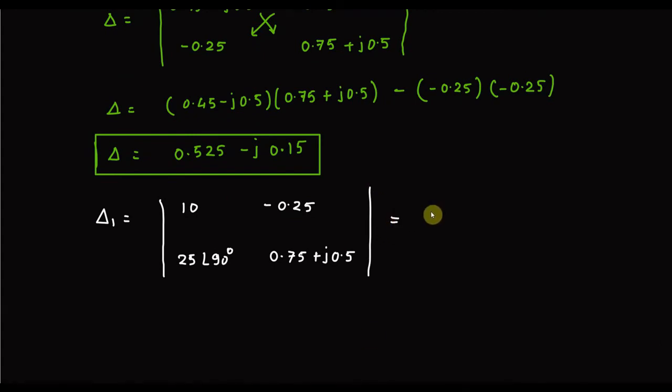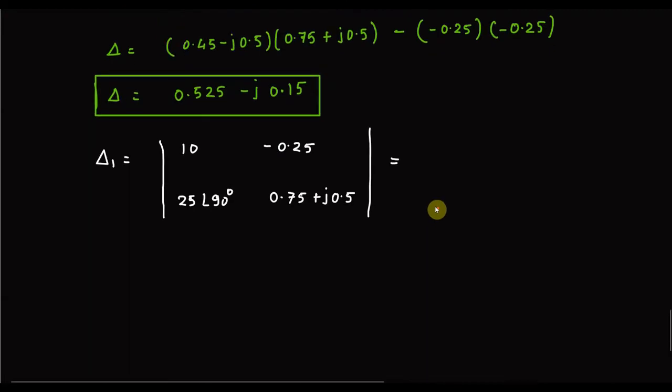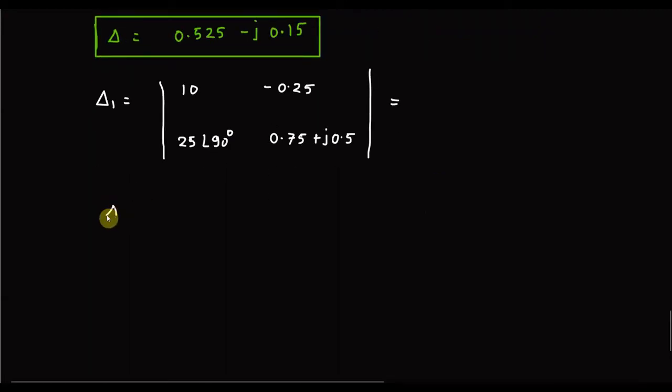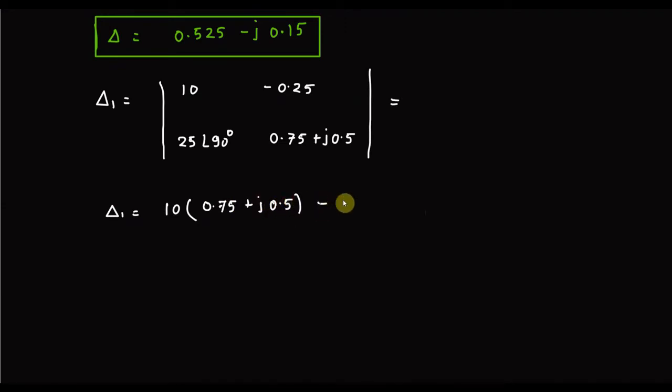So delta 1 will become 10 multiplied with 0.75 plus j0.5, minus of minus 0.25 into 25 at an angle 90 degrees.